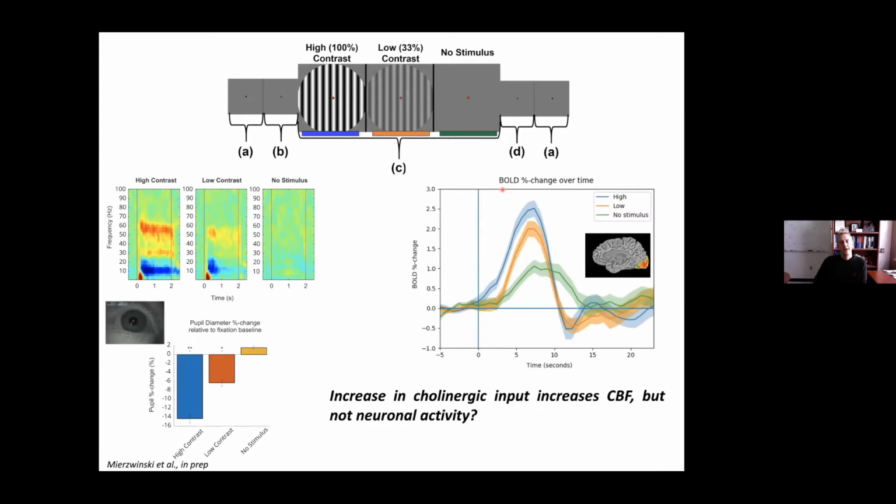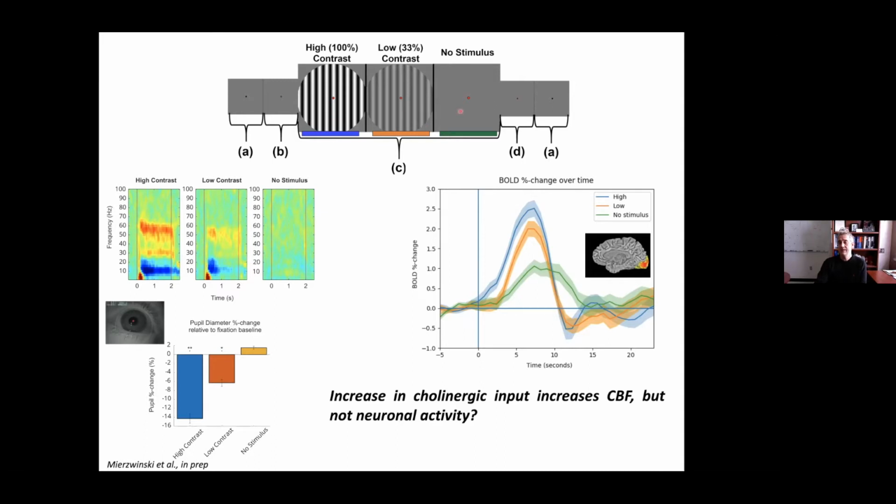So we developed one more experiment where we decided to try and trick subjects and play with their levels of anticipation. So here what we did is subjects would fixate on a black dot. That black dot would become red. And 2 seconds after the dot became red, we would show them a high contrast stimulus or a low contrast stimulus.